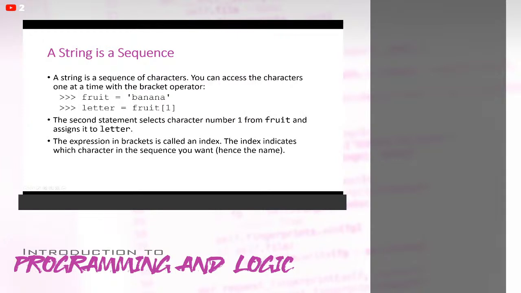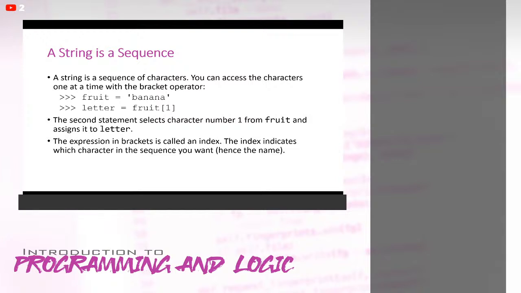So in the understanding that a string is a sequence, we can access our characters one at a time using our bracket operator. So we see here an example where we've created a variable called fruit, and we've given it the value of banana.